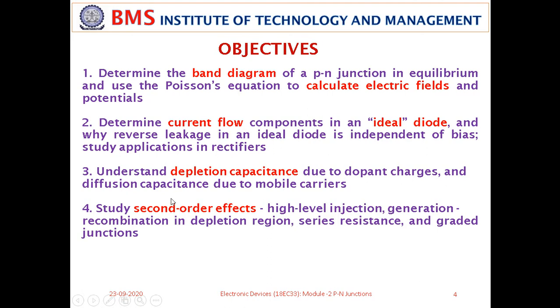We also discuss the different capacitances in a PN junction, depletion and diffusion capacitance. Finally, this module will end with second order effects like high level injection, generation and recombination in the depletion region, along with different sorts of junctions, abrupt junction and step graded junction.